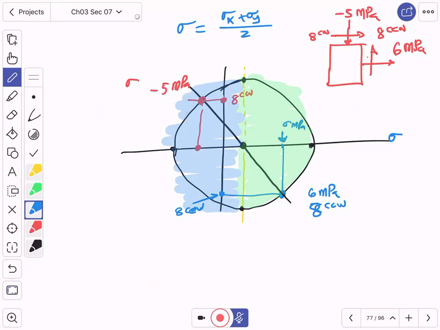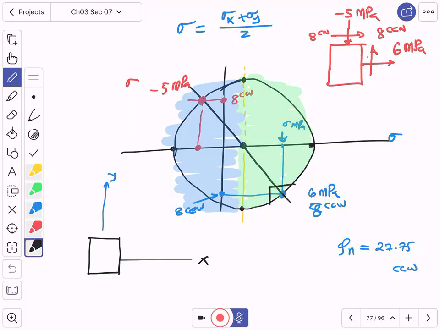Okay, now the last point is this. What do we do now? Notice what we do. We say okay, I'm gonna plot the element like this. This is x and this is y. Okay. Now if you remember, the phi n was 27.75 counterclockwise. What does this mean? It means the element that is placed now is here.